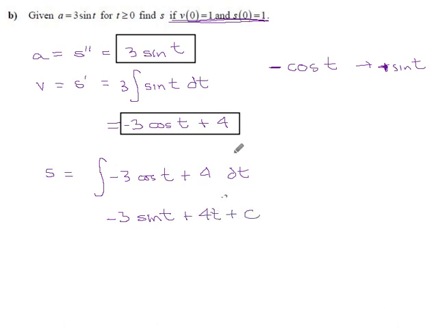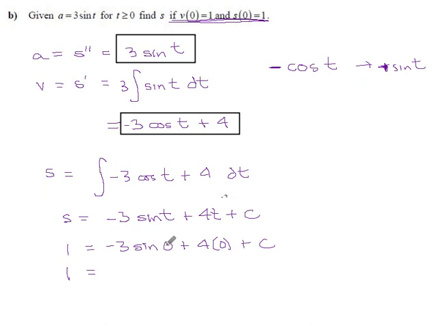And then we get a constant again. And we can find out what that constant does because when the time is 0, our position is supposed to be 1. So if we have s equals all this, s is 1 when we're at -3 sine 0 plus 4 times 0 plus c.